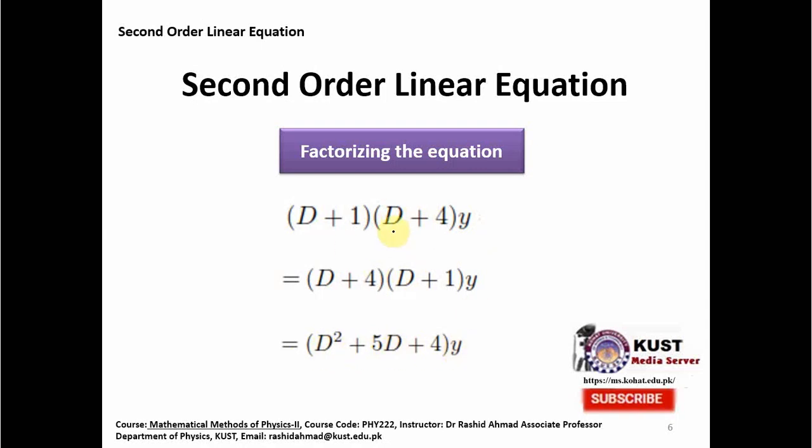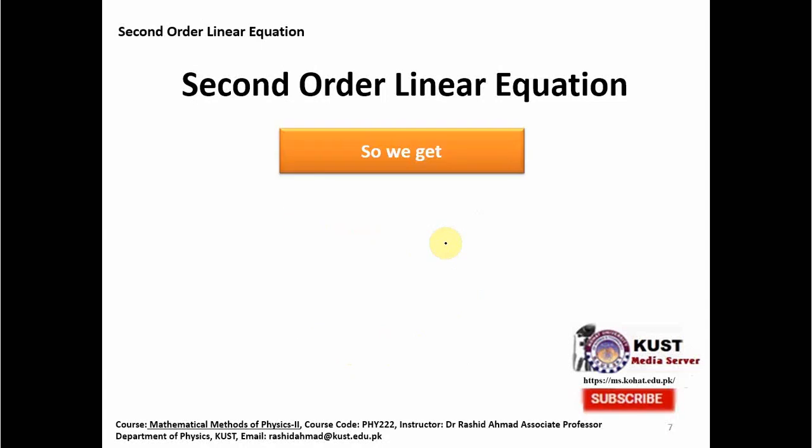After factorizing, we have two factors, and we will solve for each factor independently. Since the equation was equal to 0, after factorizing the left hand side we put that equal to 0. So this is actually the equation we started with.